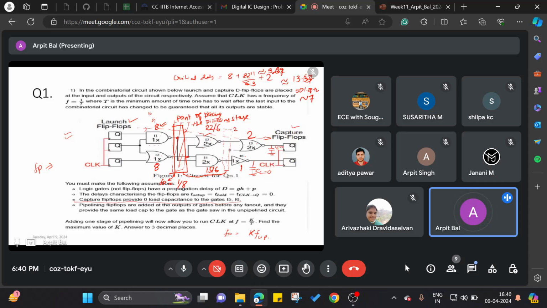So the FP remains the same and F unpipelined also remains the same. In the unpipelined case, none of the pipeline stages will be present. Because of this, there will be no improvement if I put a second pipelining stage.